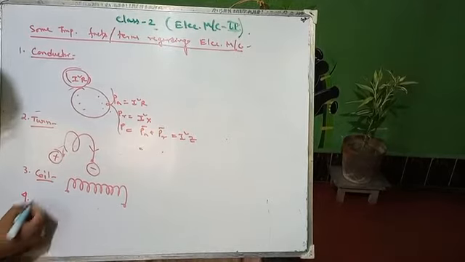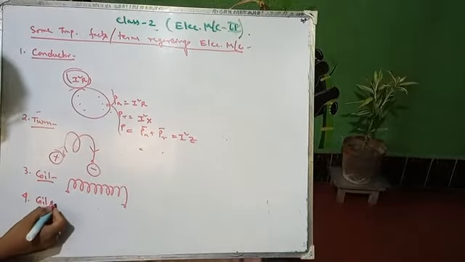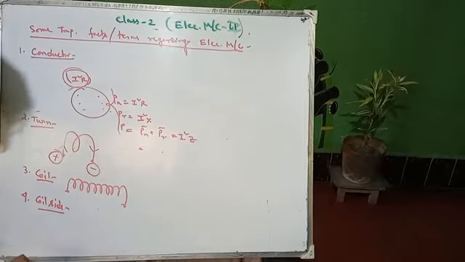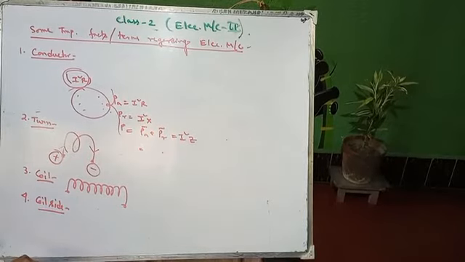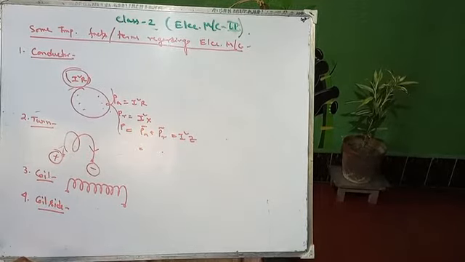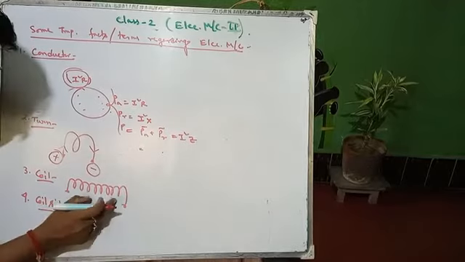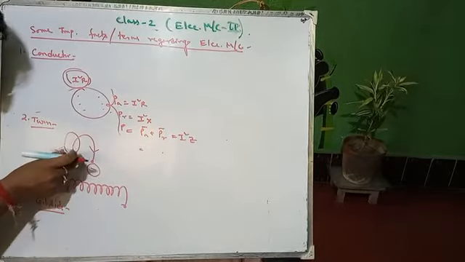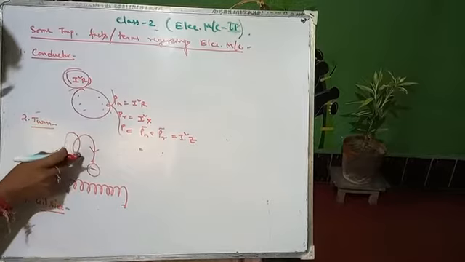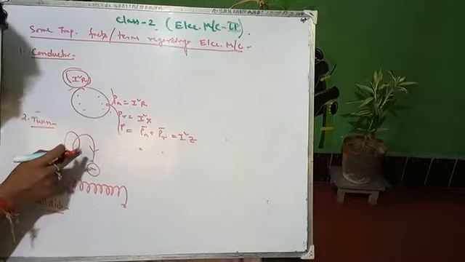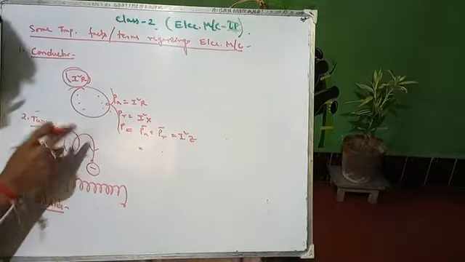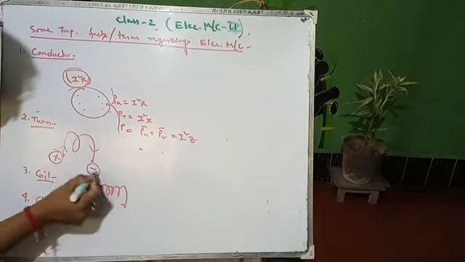So the fourth one, coil side. What is a coil side? One coil with any number of turns has two coil sides. This is a coil, and this is also a coil. A turn can also be considered a coil. So this coil has two sides.